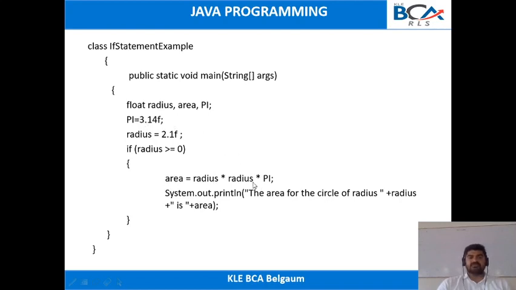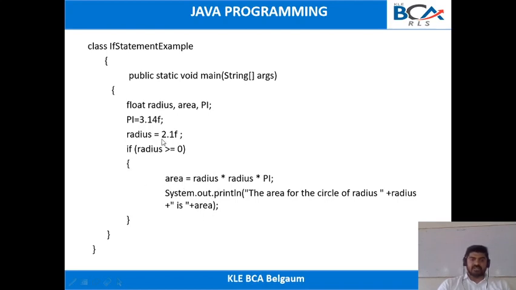The calculated result will be stored in the variable area, and at the end we are displaying that value using System.out.println. The area of the circle for the given radius will be displayed. So if this condition is evaluated to true, this set of statements gets executed.